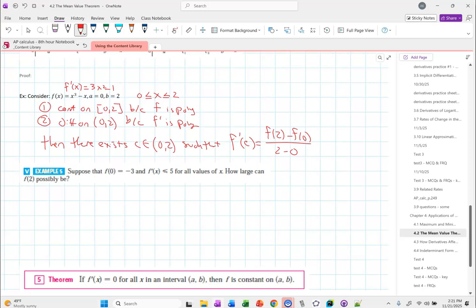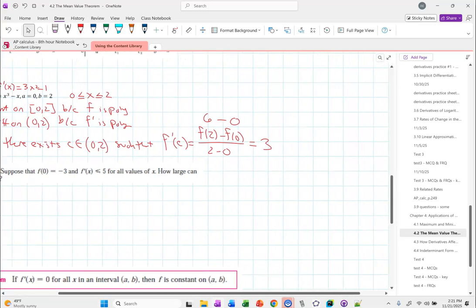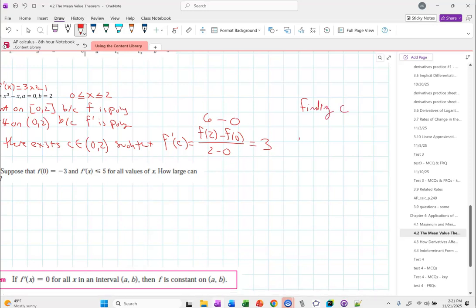What is f of 2 equal to? 6. x cubed minus x. What's f of 0? 0. So this is 3, right? If I wanted to, then I could find that value of c, because I know that f prime of c is equal to 3.